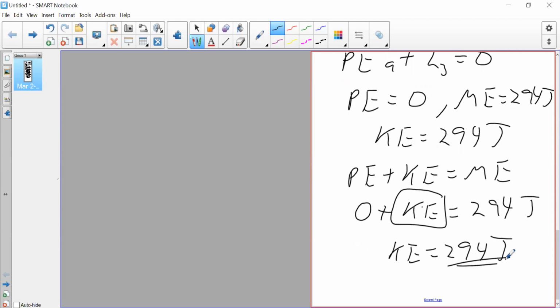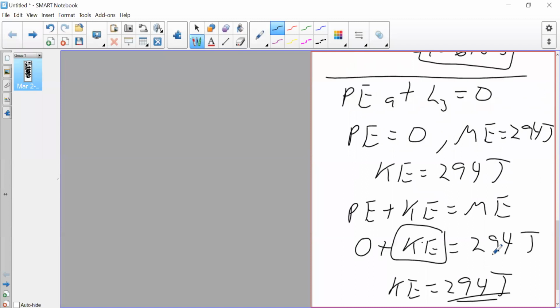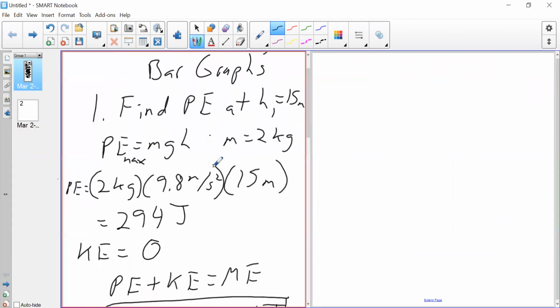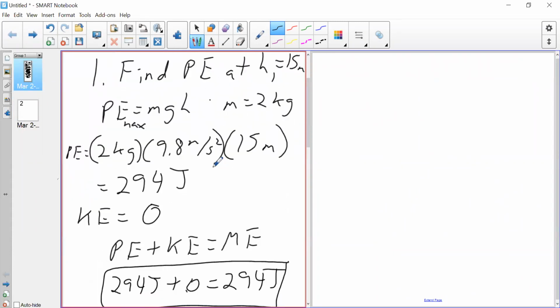So now we've got our calculations, and we can make a picture similar to the one on page 258 with the bar graphs. Try to get colorful, I guess, 3 colors. But if you don't have any colored pens or something, it's all right. Just do 1 color. So here are our calculations, and now let's go and create our bar graph.